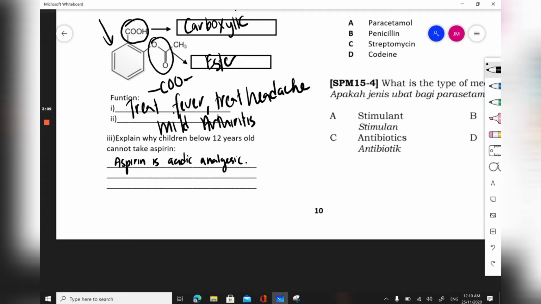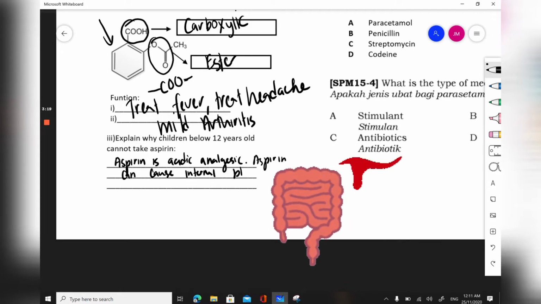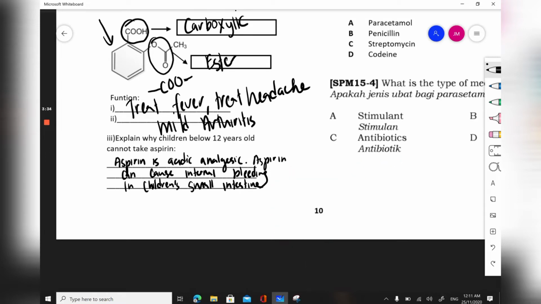This aspirin can cause internal bleeding in the children's small intestine. So, explain why children below 12 years old cannot take aspirin: aspirin is an acidic analgesic, and aspirin can cause internal bleeding in the children's small intestine.